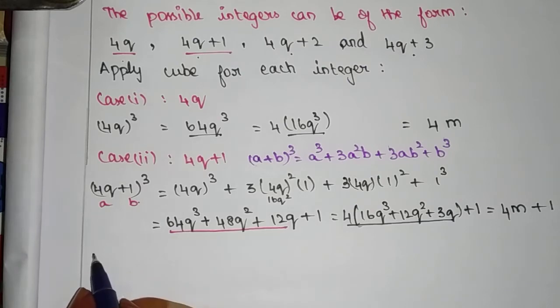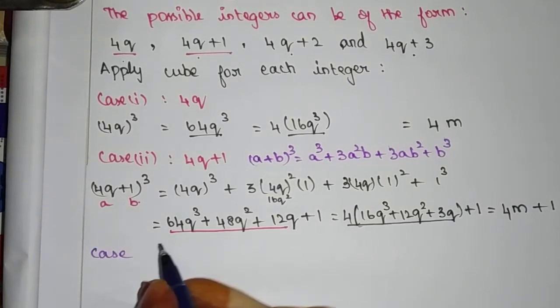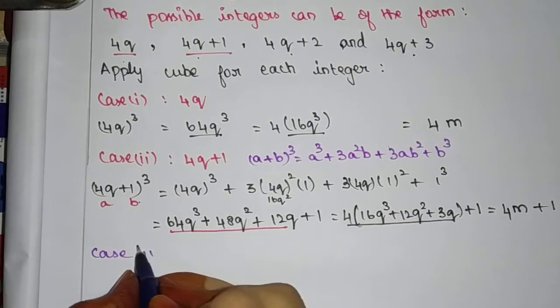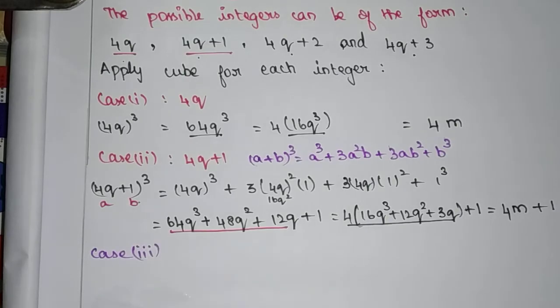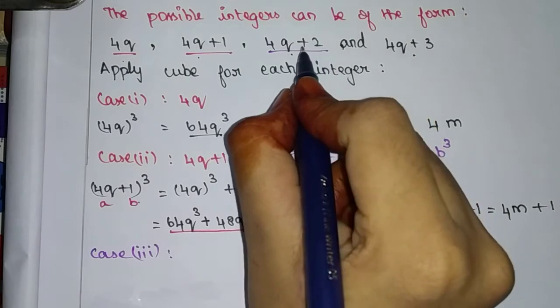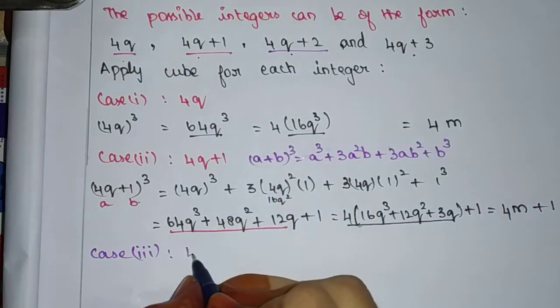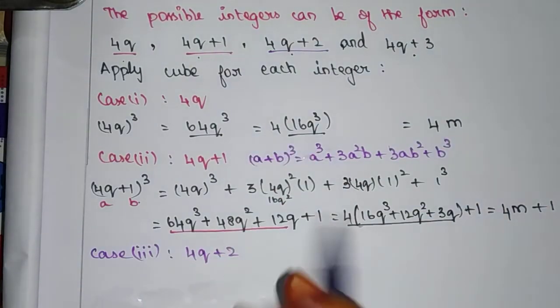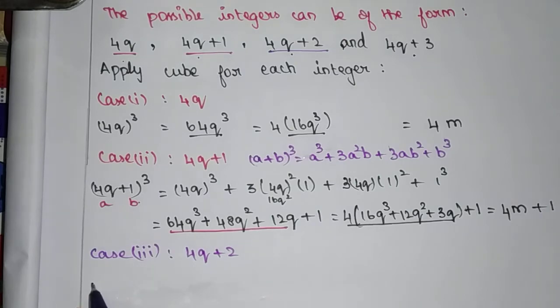So now case 3. See here, the third value is 4q plus 2. Cube this.